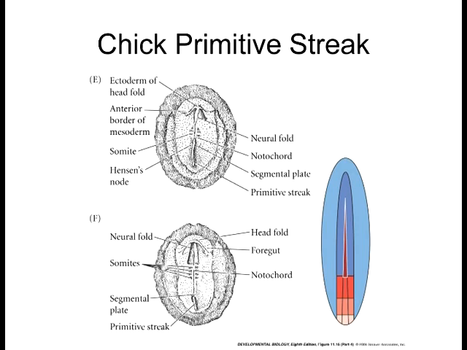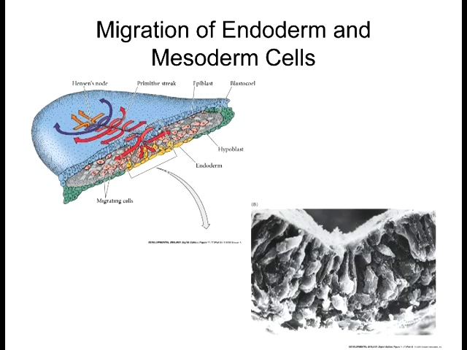So these cells will actually push the hypoblast away and form another layer of cells beneath it, and that will become the endoderm. So that's why all three germ layers come from the epiblast. The hypoblast is necessary for initial patterning, but eventually cells from the epiblast will displace the hypoblast and start forming endoderm, and other cells will start forming mesoderm.